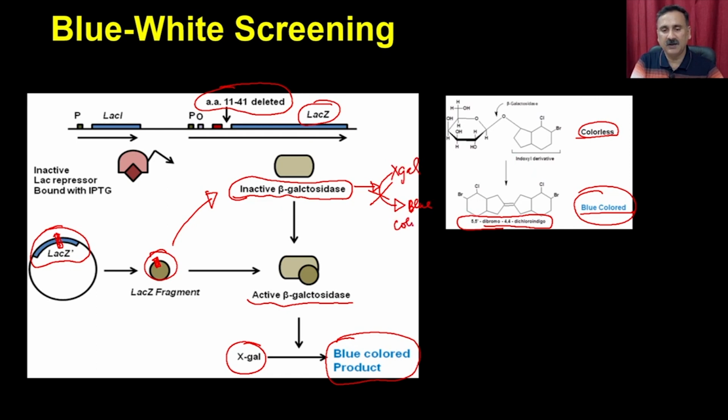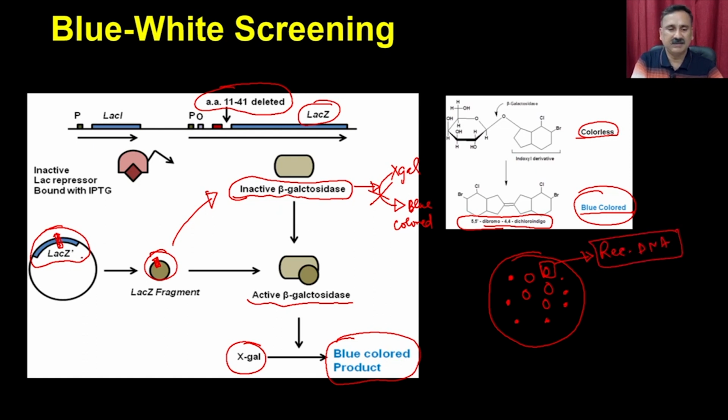Okay, and that's why if you see the colonies, you are going to get the blue colored colonies and you are going to get the colorless colonies. These colorless colonies are the colonies where you are going to have your recombinant DNA, because of the inactivation of lacZ.